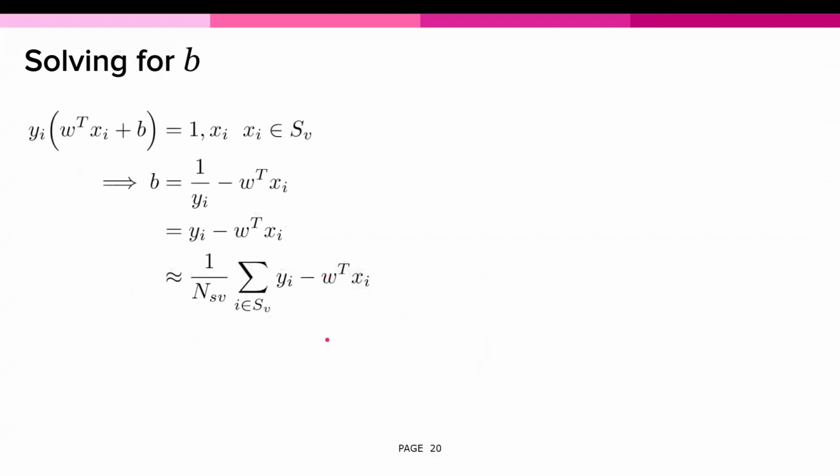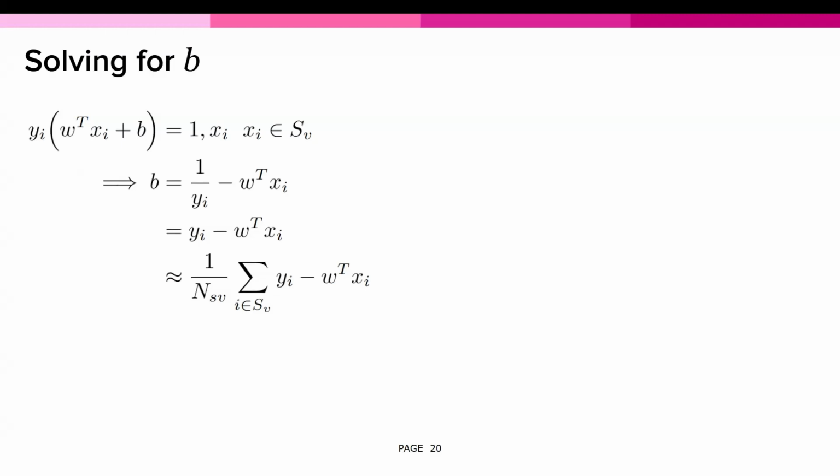Once you have your lambdas, you can finally compute the weight using that constraint we derived earlier, and solve for the bias term B for your support vector machine. So how do we solve for B?